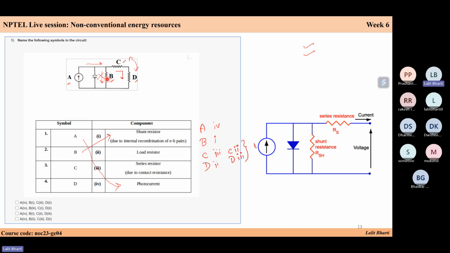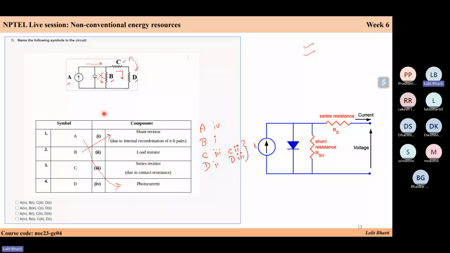B is, we know that the current should not flow here, so it should be very high. It is called the shunt resistance. So B is your shunt resistor due to the internal recombination of electron hole pairs. The shunt resistor is representing the losses due to the recombination of electron hole pairs. C is your series resistor due to the contact resistance. So it should be very low. The contact between different layers and the external contact should be very low in resistance.